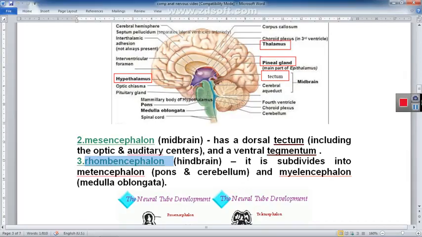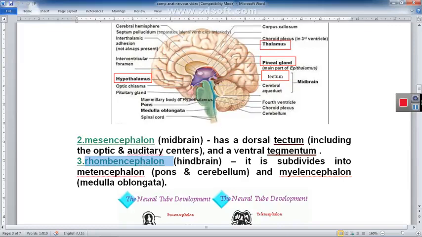The anterior part, which is the metencephalon, will form the pons and the cerebellum. This is the cerebellum. While the posterior part, which is the myelencephalon, will form the medulla oblongata. And this is the most caudal part of the brain.